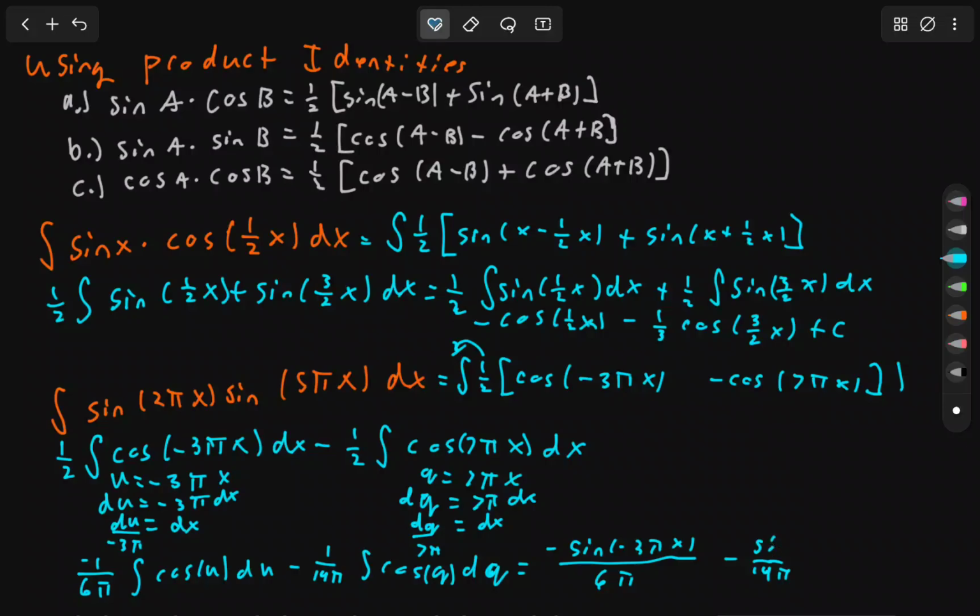So we get sine of 7 pi x. And always add the constant of integration c. And these are our solutions to these integrals.